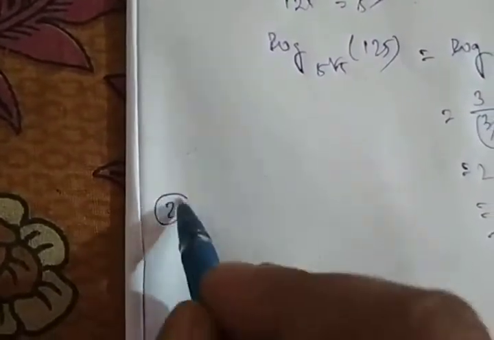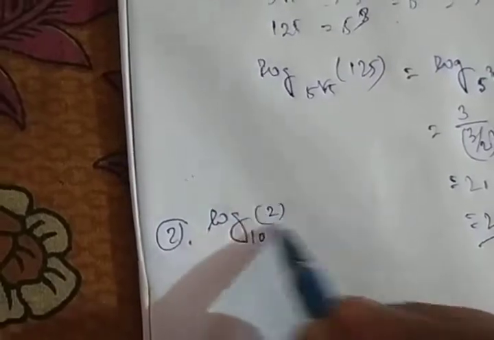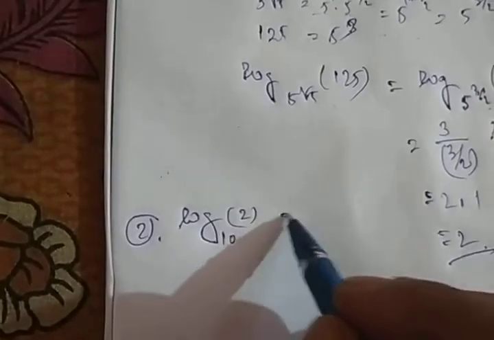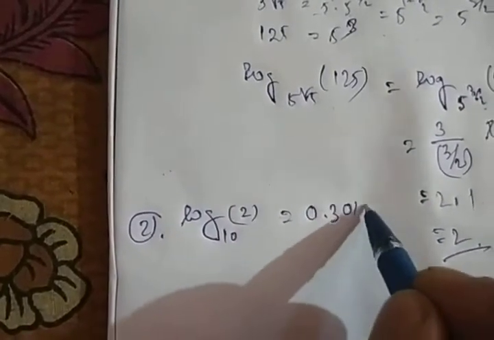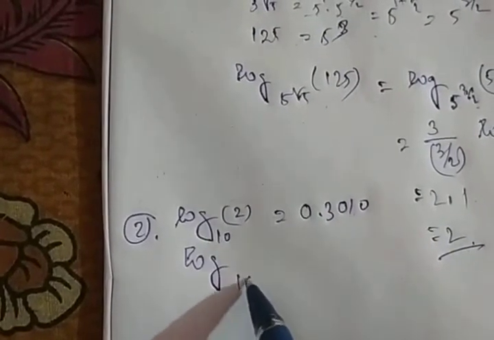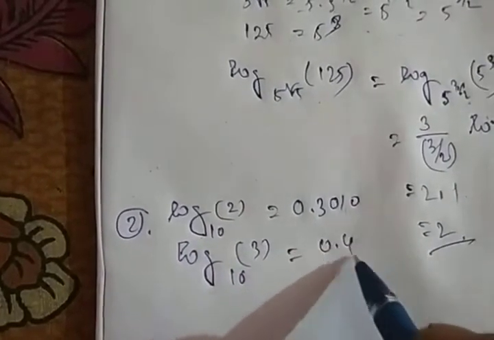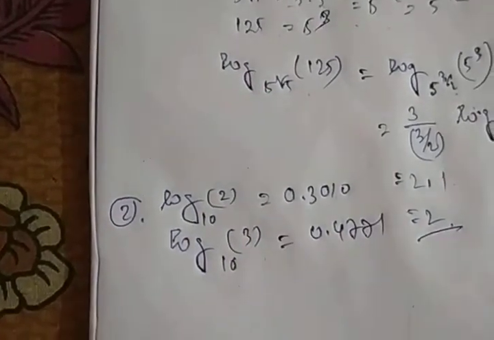Okay, next I have set an example 2, in which it is given that log of 2 with respect to base 10 equals to 0.3010, and this is also given, log of 3 with respect to base 10 equals to 0.4771.